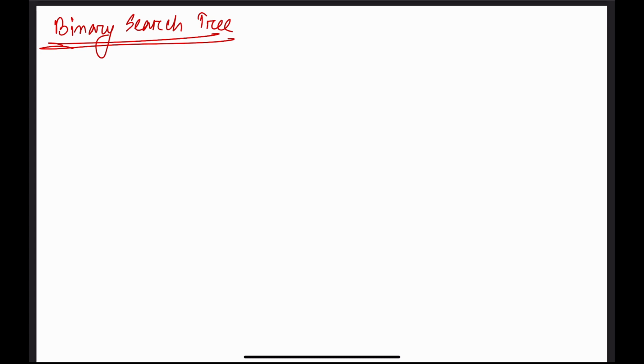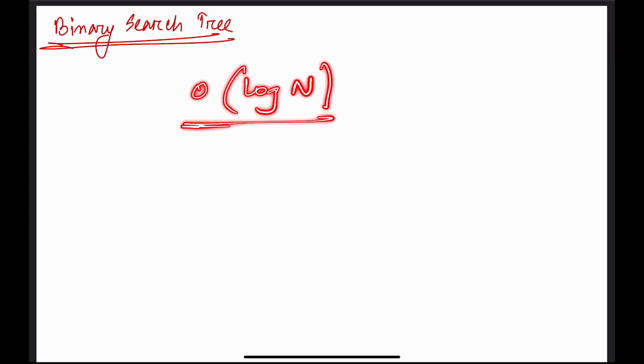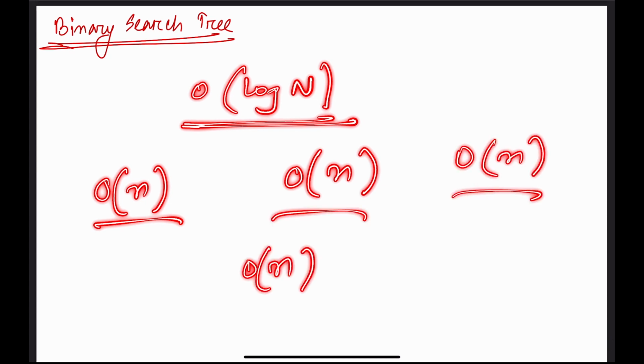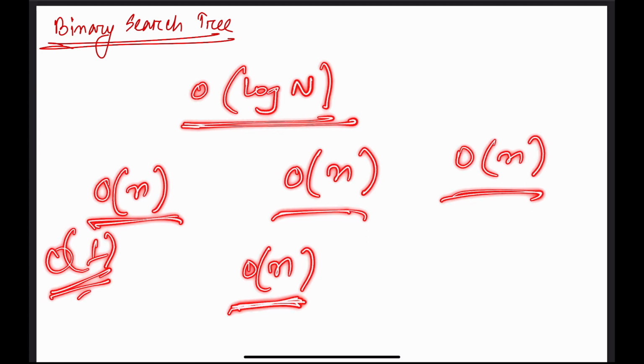Binary search trees are those binary trees that are specially organized for the purpose of searching. An element can be searched in O(log n) time complexity, whereas in an array it is O(n), in a linked list it is O(n), in a stack it is O(n), in a queue it is O(n). Everywhere it is O(n) in the average and worst case, best case obviously O(1).